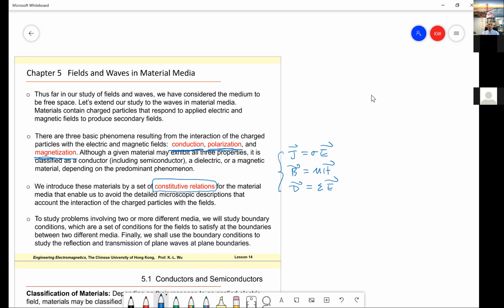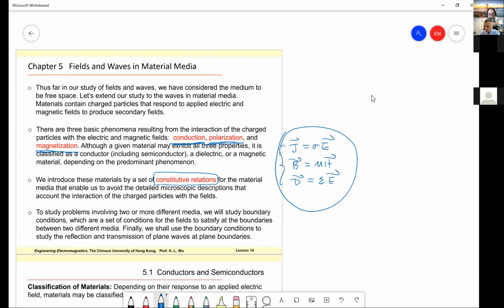That is a microscopic description. Instead, we like to look at the field relation in the macroscopic, that means the large-scale behavior. So this relation is more or less the description in the macroscopic world, and that saves us a lot of effort and time looking at the molecules.